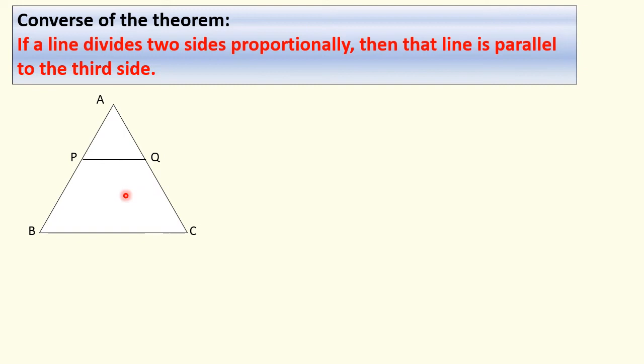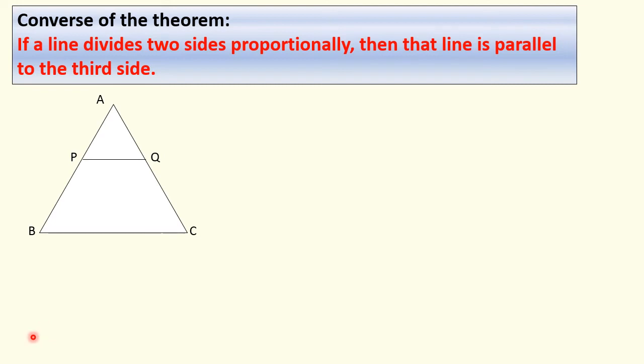In the original theorem, we learned that if the line is parallel, the ratios of the divisions are equal. This time, the converse says, if the ratios are equal, then the line is parallel.